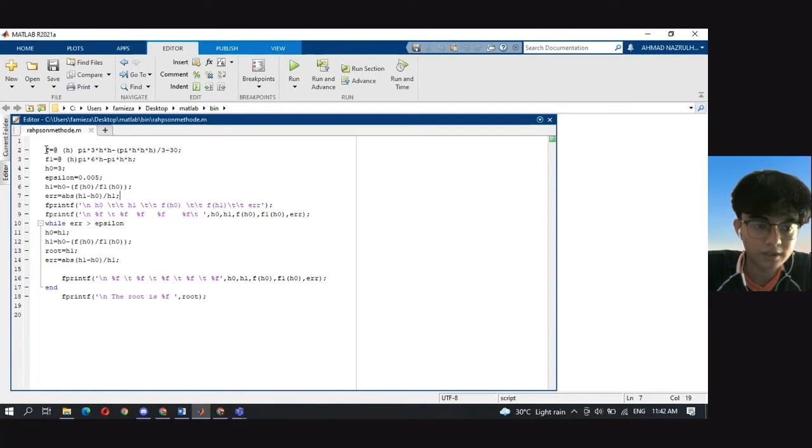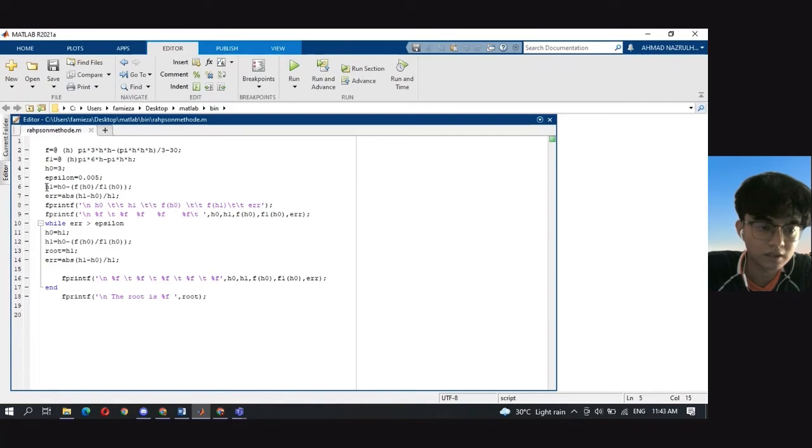In the first 2 lines, I introduce the function as f and f1, where f is the original function and f1 is the derivative. Then I introduce my initial guess, which is 3, and the pre-specified error is 0.005.